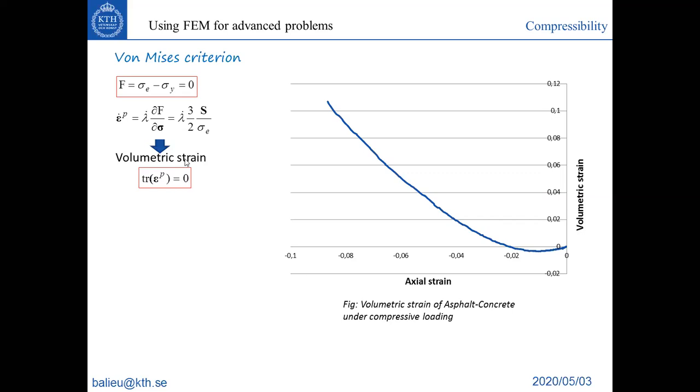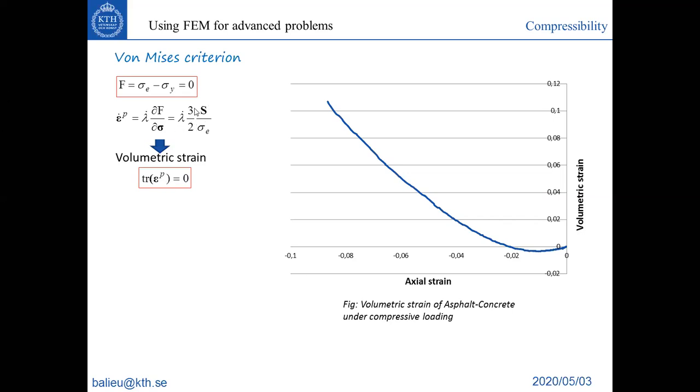If you want, you can try this. You can take whatever stress state: tension, compression, biaxial tension, etc. By definition, by the mathematics, the trace of what you get will always be equal to 0. Why?